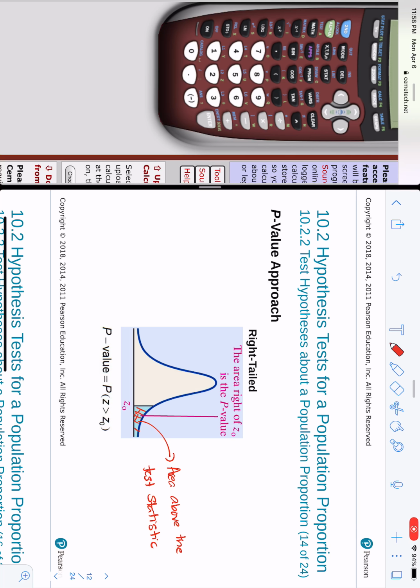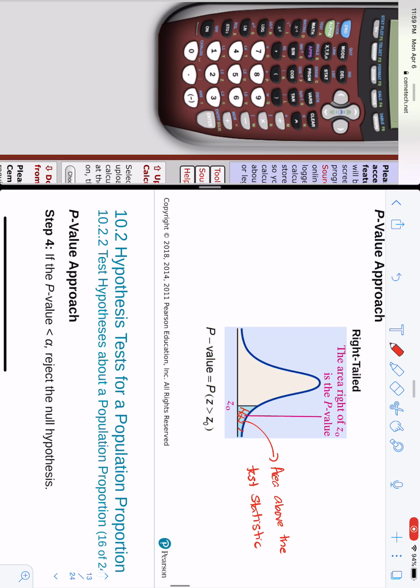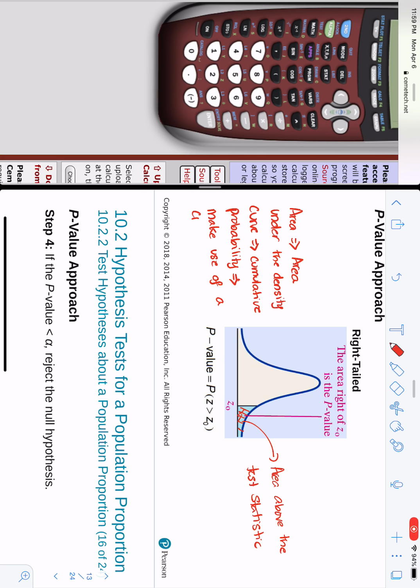And when we mean area, again, we mean the area under the density curve, which is a cumulative probability, and we will have to make use of a CDF.